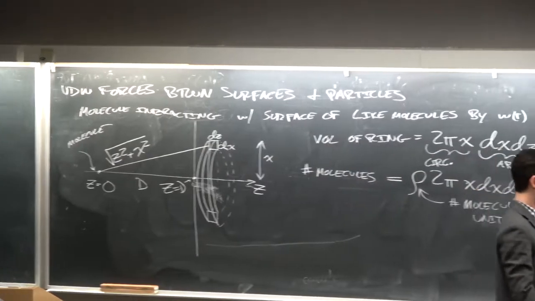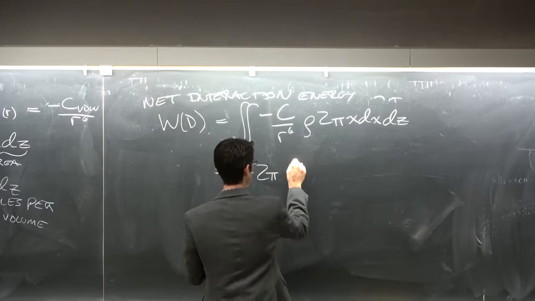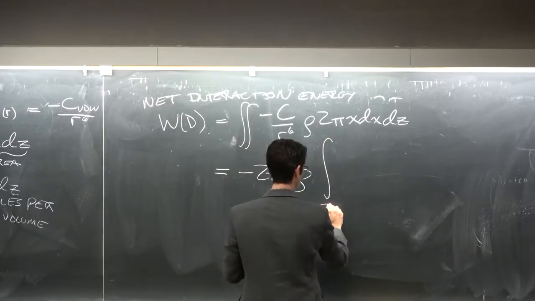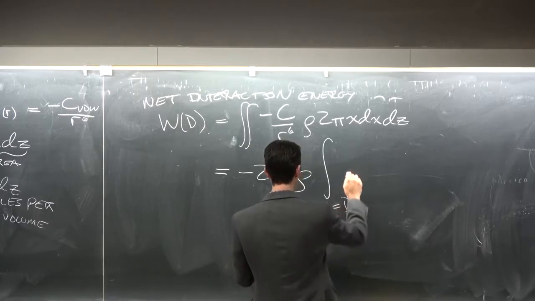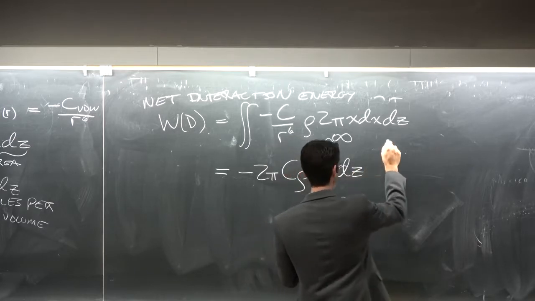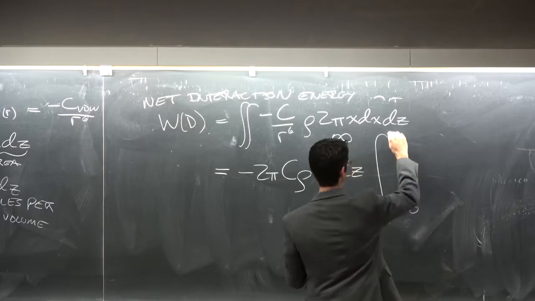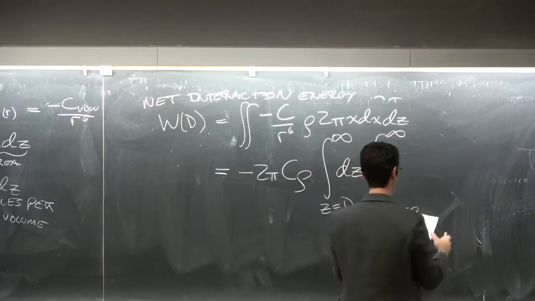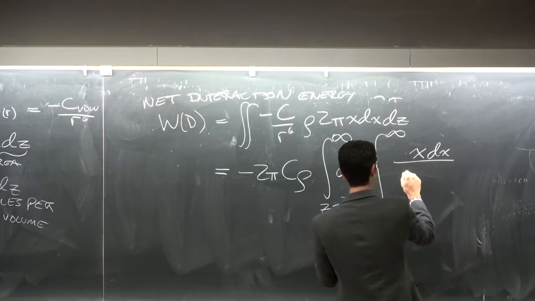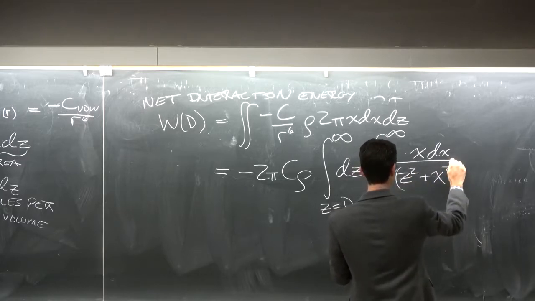So we have this double integral equals minus 2 pi C rho, because all this stuff is constant, times the integral from z equals D to infinity into the bulk of dz times the integral from x equals 0 to infinity of x dx over z squared plus x squared cubed.